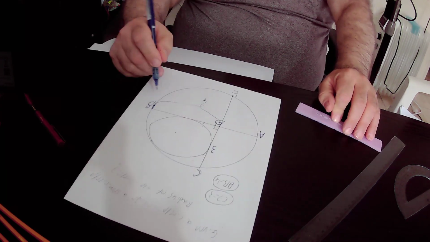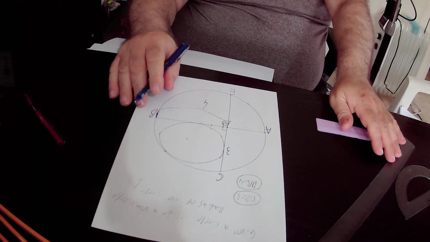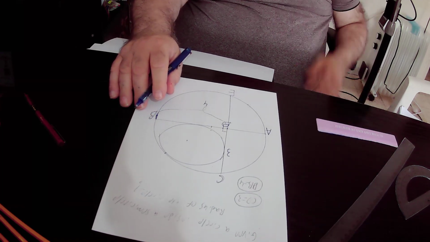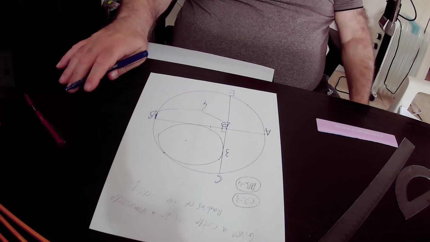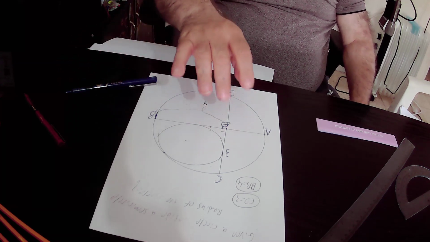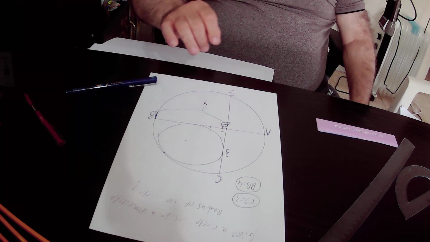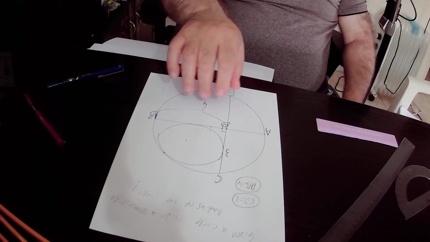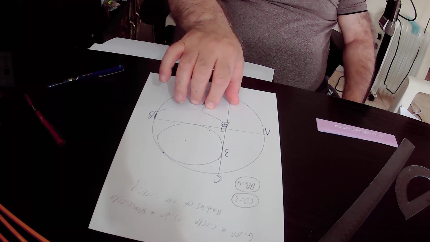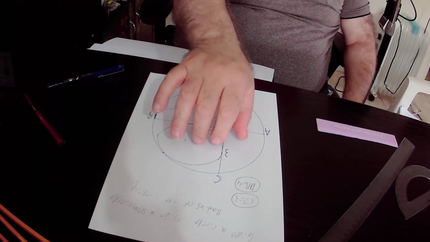Okay, so actually when we completed the semicircle to a circle, we created another semicircle. The new semicircle is a mirror image of the original semicircle.